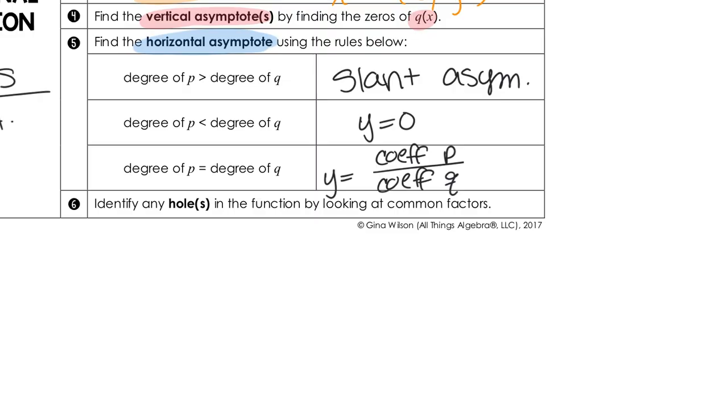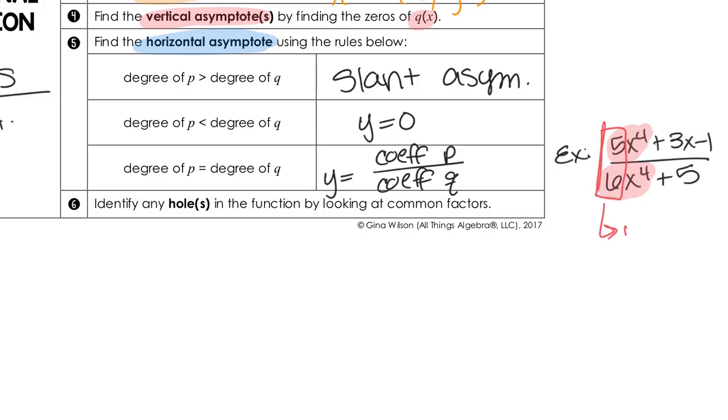So for example, if I had 5x to the fourth plus 3x minus 1 over 6x to the fourth plus 5, I'm going to start by looking at those exponents. I'm going to say, hey, those are the same. They're balanced. So now I can look at the leading coefficients attached to those variables. That little ratio right here is what creates your horizontal asymptote.